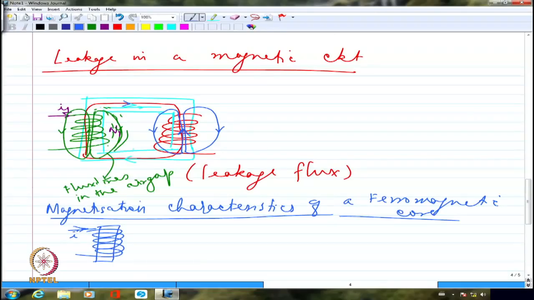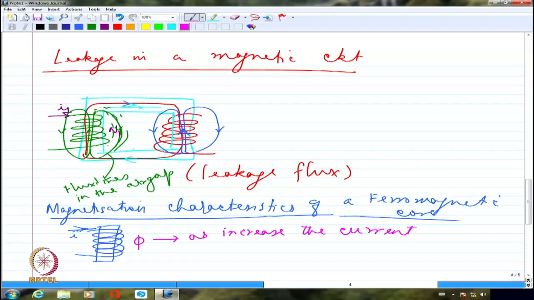And I am going to look at what is the value of flux I am getting as I increase the current. So this particular behavior, whatever we get in the form of a plot between the flux produced versus current, is known as the magnetization characteristic of any of the portions of an electrical machine.